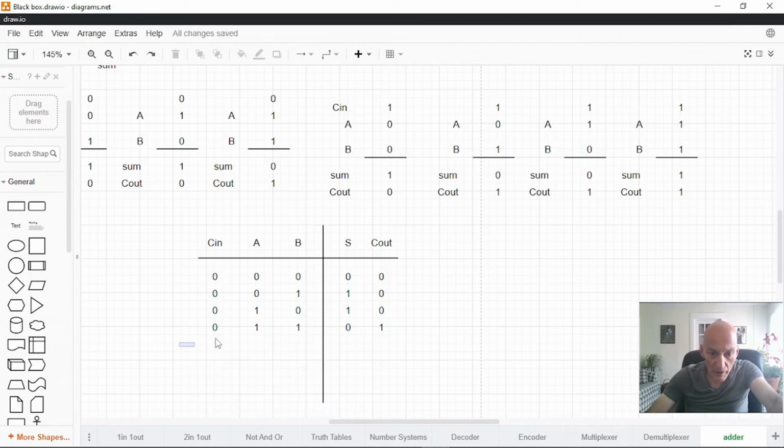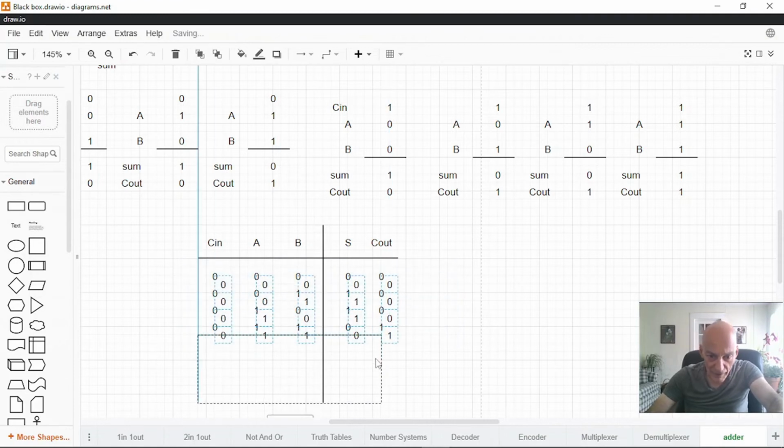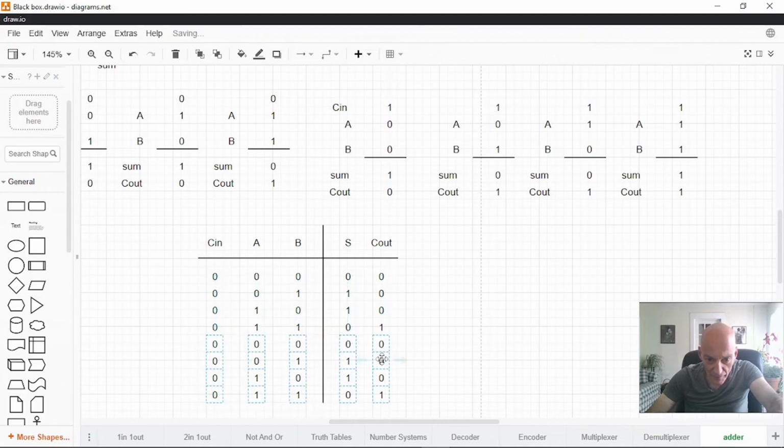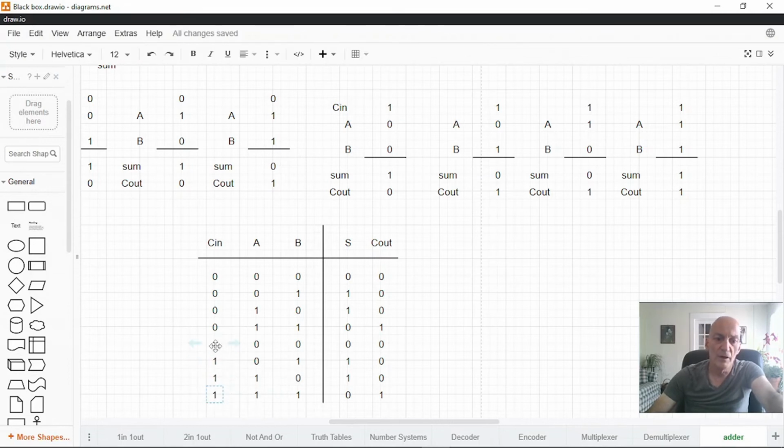Copy, Control C, Control V. And then these are the 4 where the carry in is now a 1. 1 plus 0 plus 0 is 1, so we have a sum and no carry. 1 plus 0 plus 1 is 2, so the sum is 0 and the carry is 1 here. 1 plus 1 plus 0 is 2, so again no sum, but we do carry 1 over.